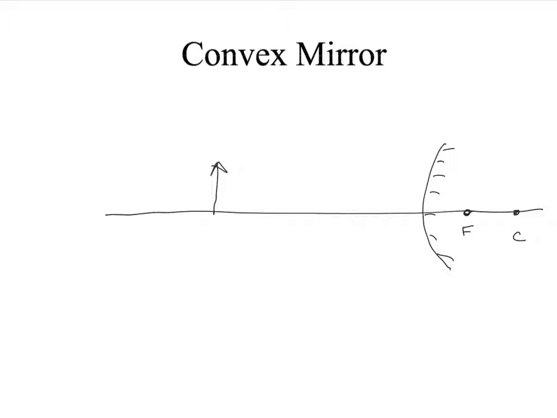My first light ray is going to come in parallel to the axis, and now when it reflects, it looks like it came from the focal point.